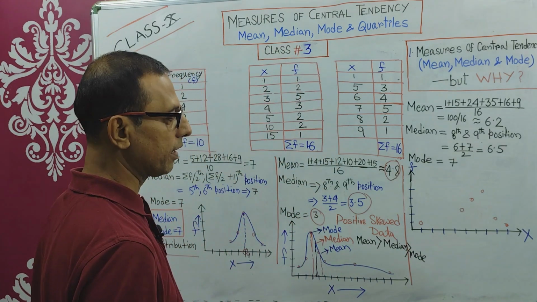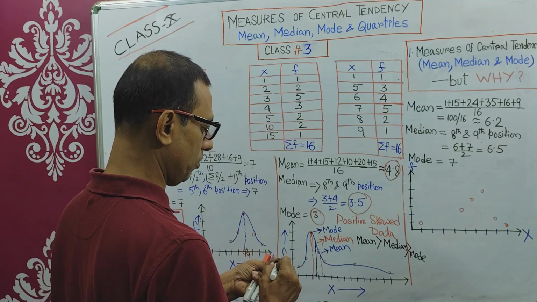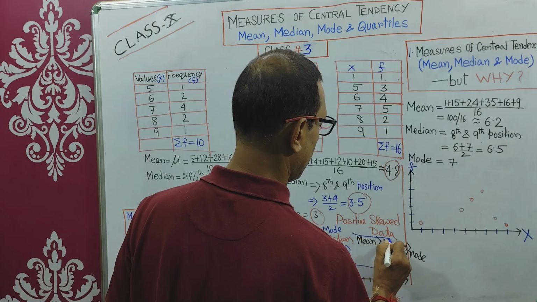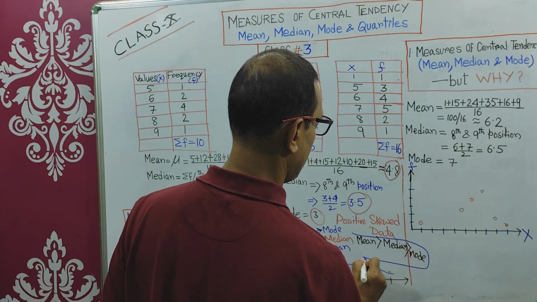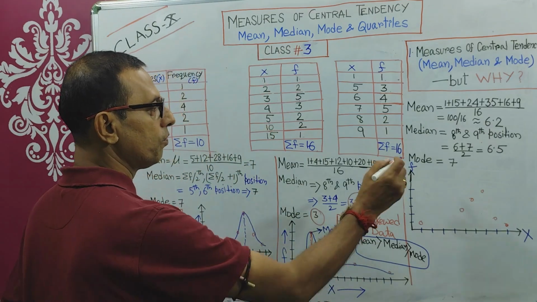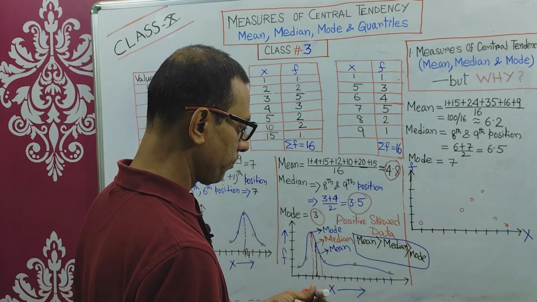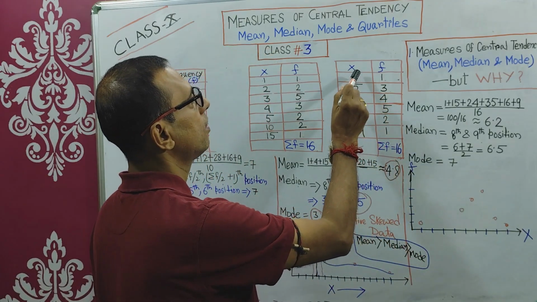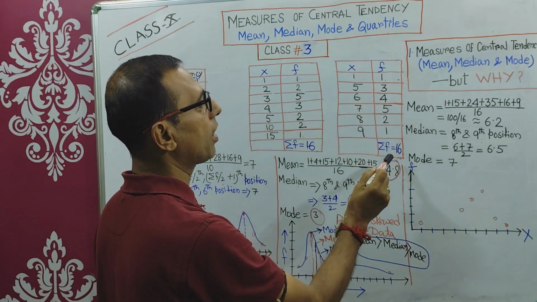Mean is greater than median, greater than mode. So for positively skewed data, this is the standard relationship. Mean is greater than median, greater than mode. Right. Now we will go to the next set of data.